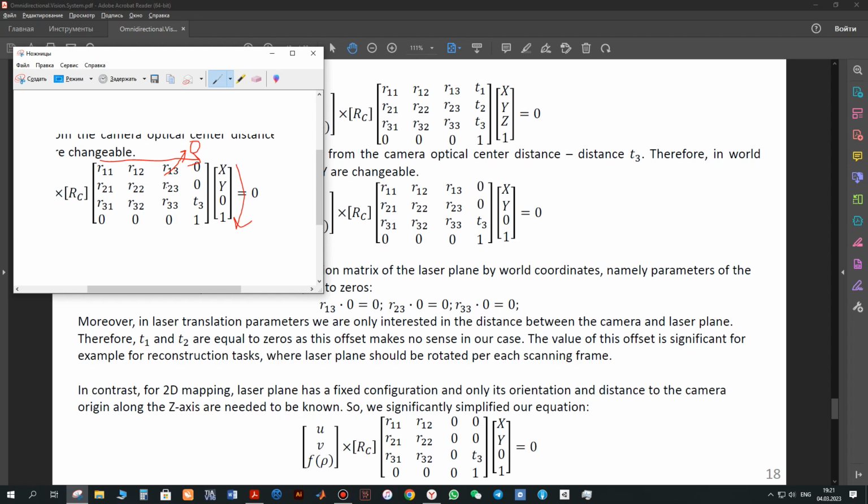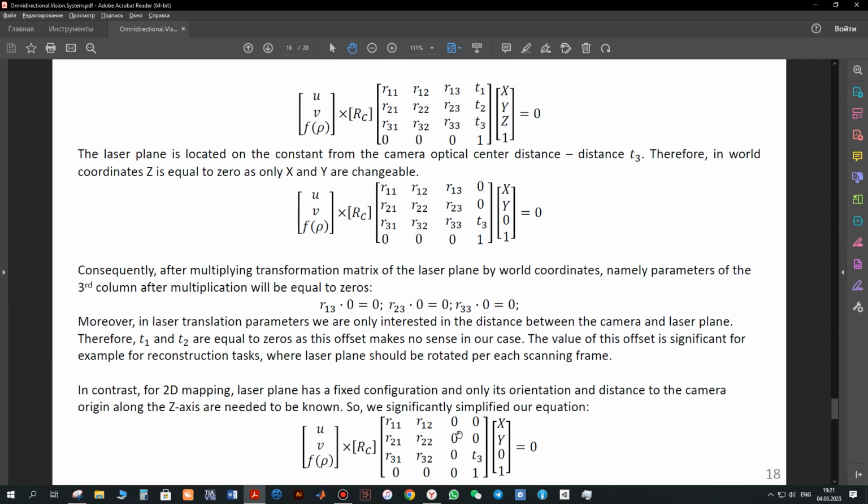Similarly here, this one is multiplied by x, this one by y, this one by 0, so it also will be 0. Next R31 by x, this one by y, and this one again by 0. So these coordinates became 0, and we can remove this column. These parts are 0, we're not interested in them.